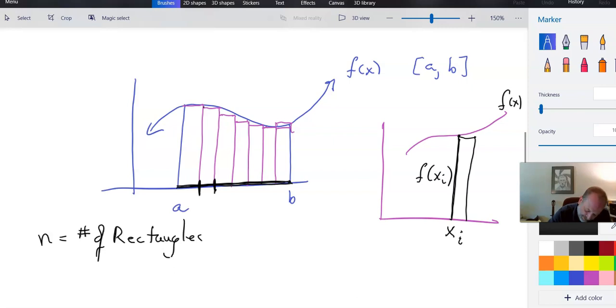The length of the entire interval where you're finding the area is b minus a. To figure out the width of the rectangle, you divide by the number of rectangles you have. That's n.